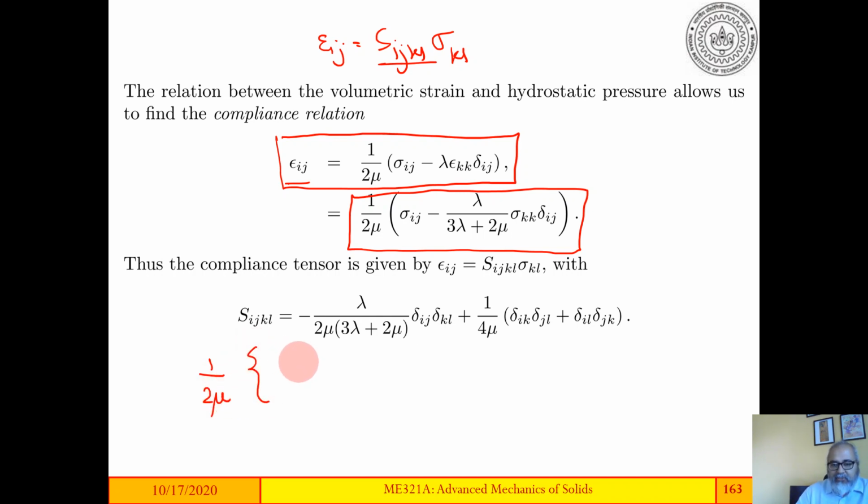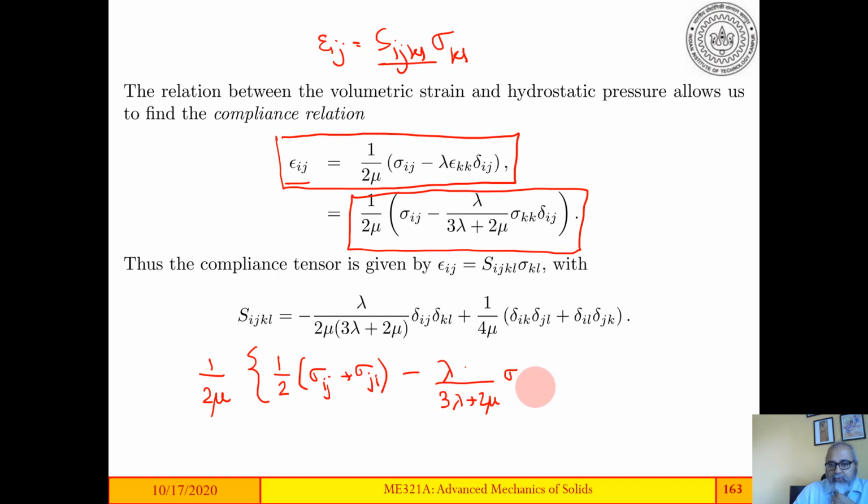Then sigma ij, in place of sigma ij, firstly I will use the symmetry. I have used the symmetry of sigma ij, and then minus lambda by 3 lambda plus 2 mu into sigma kl is what I want out.